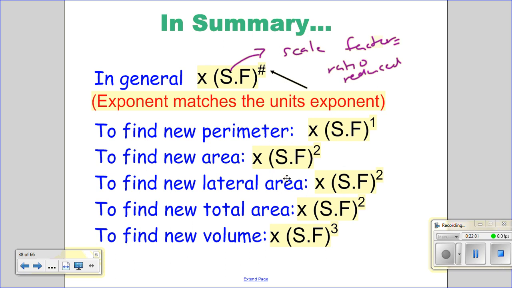So don't just take the scale factors and follow these steps. After you do these steps, you still have to multiply this by the original. So times original for every one of these situations. But these are shortcuts to finding the new areas, only given an area or a dimension.